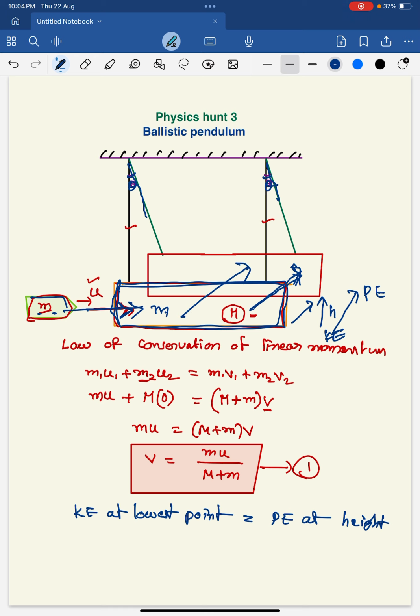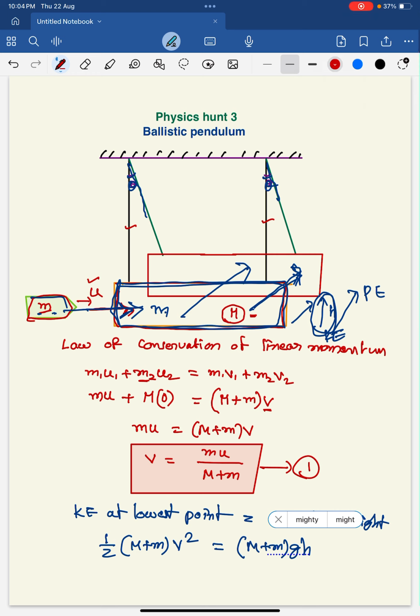So kinetic energy at the lowest point is half into capital M plus small m into v square, equal to the potential energy due to this height, capital M plus small m into gh. Left side capital M plus small m cancels, right side capital M plus small m cancels. The rest of the equation is v square by 2 is equal to gh.